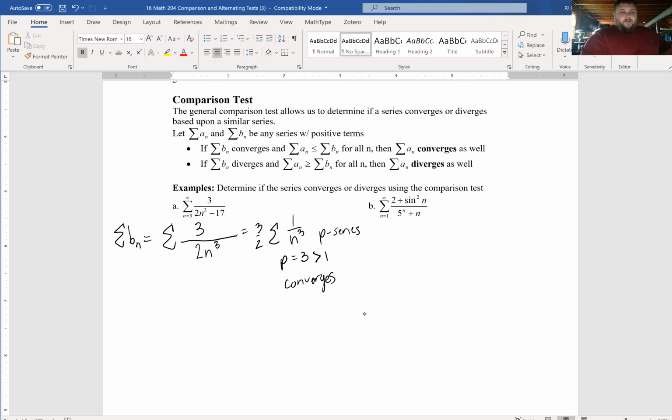So we've proven that B sub n converges, which means we are trying to show this bullet point. So that tells us we are looking for the sum of A sub n to be less than or equal to the sum of B sub n. So how in the world do we figure that out? Any ideas?